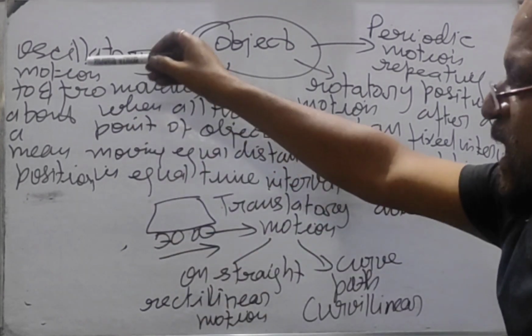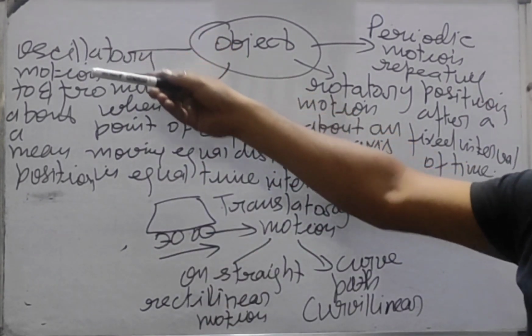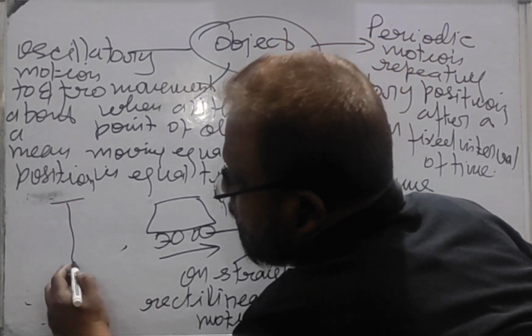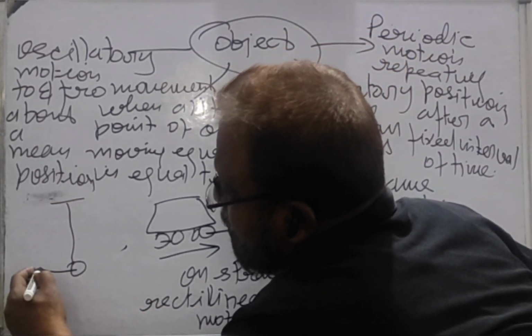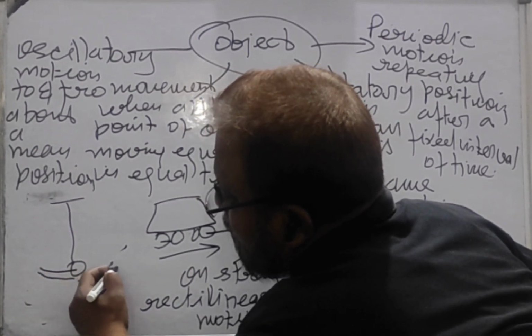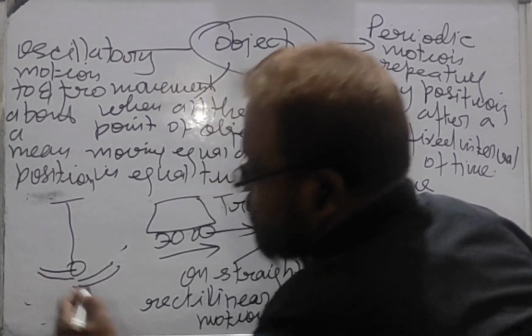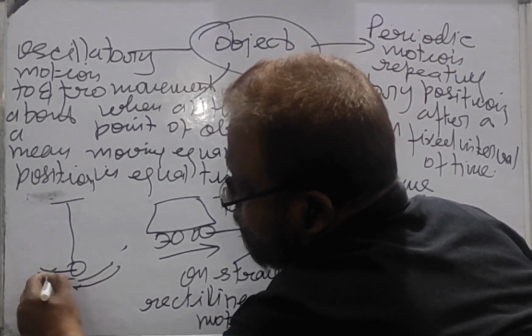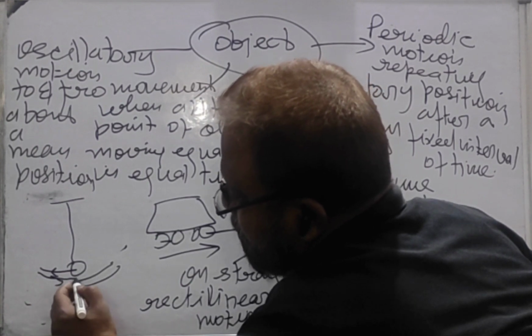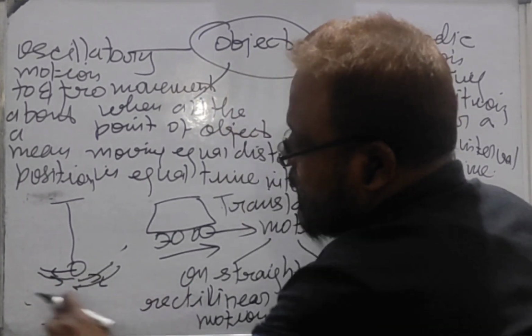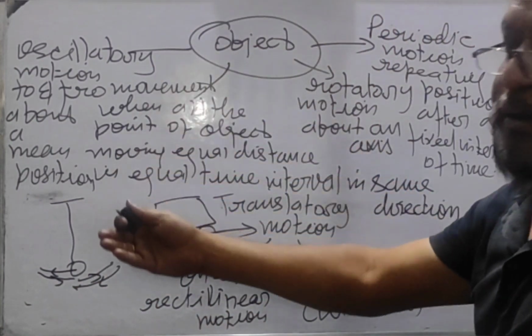जैसे ऑसिलेटरी मोशन इज ए टाइप ऑफ पीरियोडिक मोशन. ऑसिलेटरी मोशन में क्या होता है, जैसे ये पेंडुलम है, तो ये इधर की तरफ जाएगा, फिर ये इधर की तरफ आएगा, एंड देन इट कम बैक टू इट्स मीन पोजीशन. It is going towards left, then coming back to the center, mean position, then going towards right and coming back to its mean position. That is periodic motion, right?